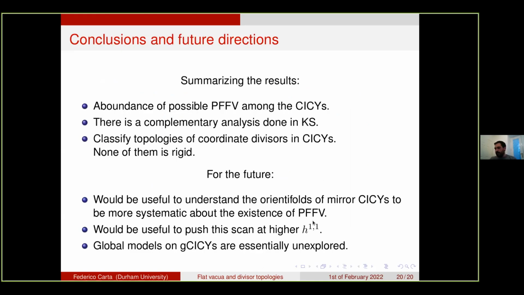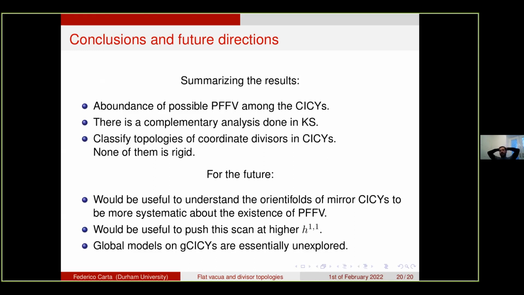Let me conclude, because according to my watch, I have 2 minutes more. So let's summarize the result. We find an abundance of possible perturbatively flux vacua among the mirrors of the CCs.